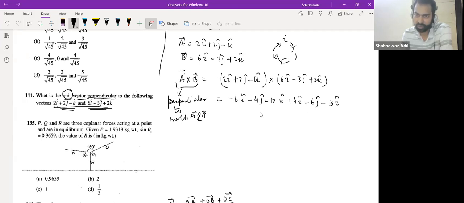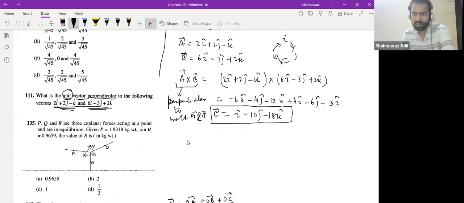So combining the i and j terms, we get i minus 10j and minus 18k hat. This is the vector which is perpendicular to both. Let's say this is C. Is that clear to you guys?